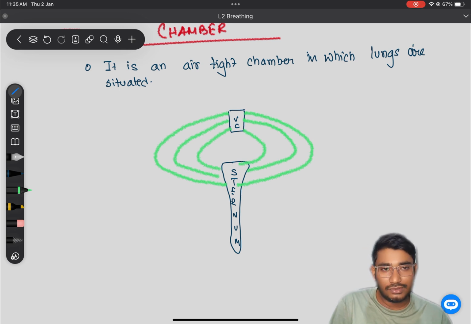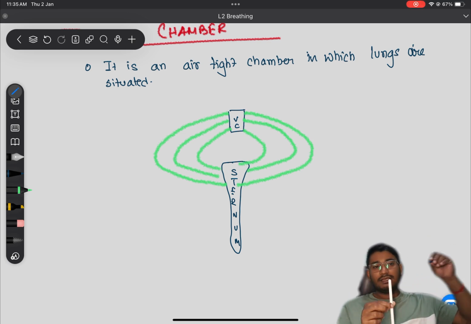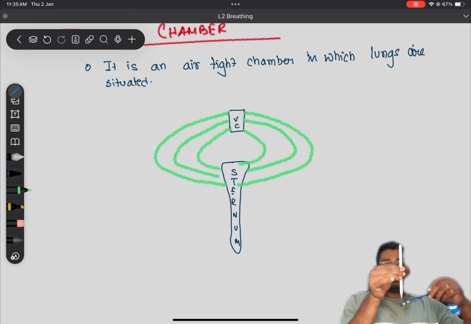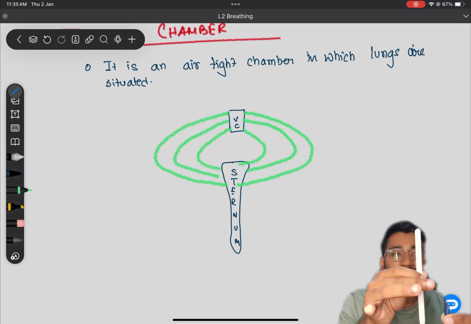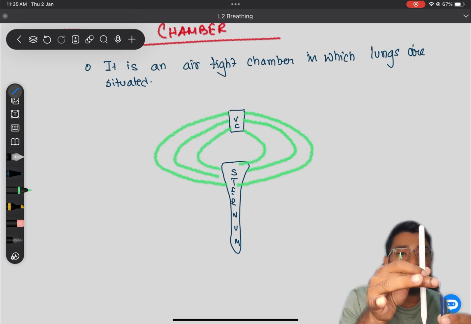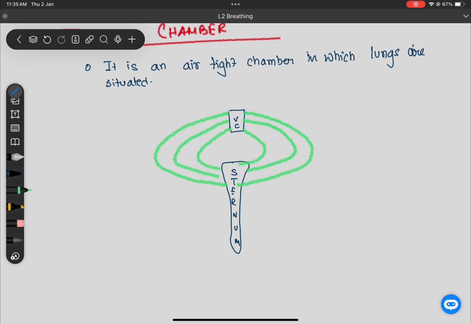Let me tell you three to four medical terms. If this is the midline, this is called superior, this is the inferior. Towards the midline it's medial, away from the midline it's lateral. This clip is on the medial side of this pen and this one is on the lateral side of this pen.